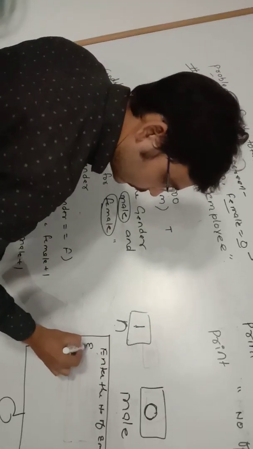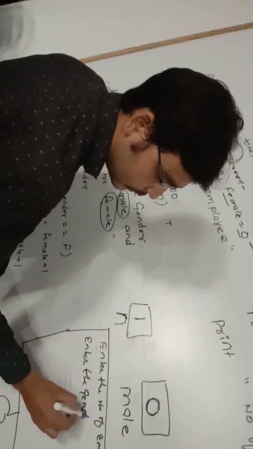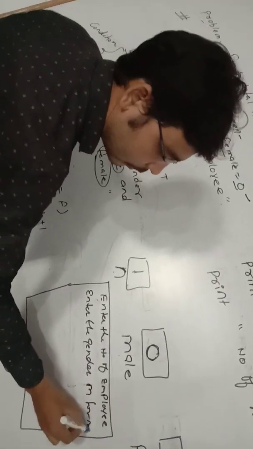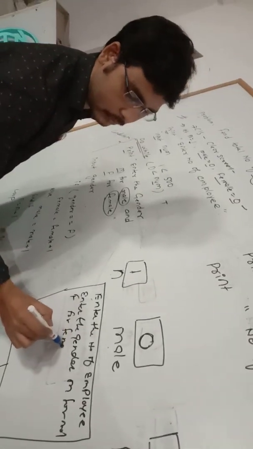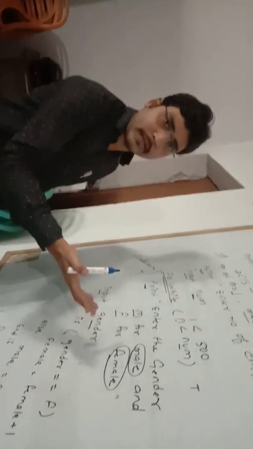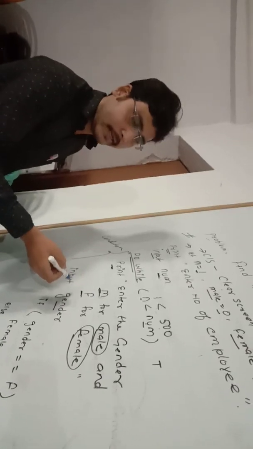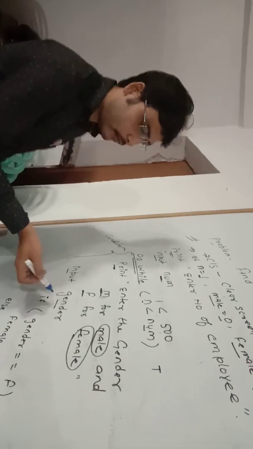So the same output will be shown here: enter the gender, M for male and F for female. After the print command, the input gender is whatever the user gives, either M or F, male or female.